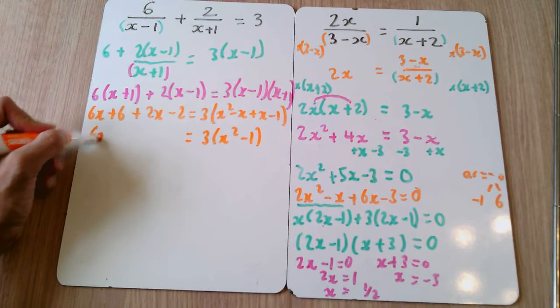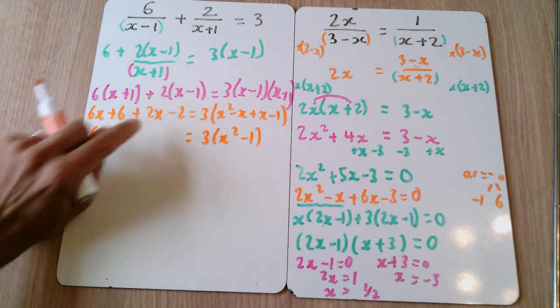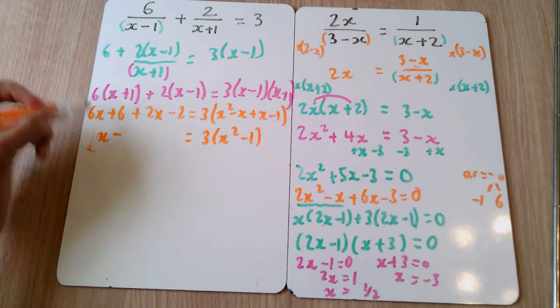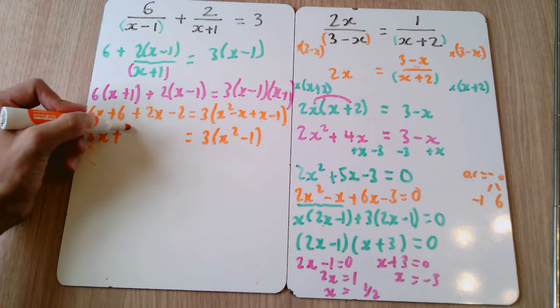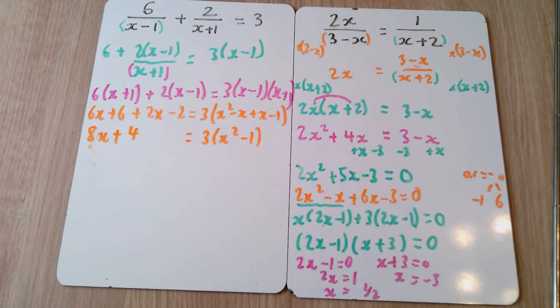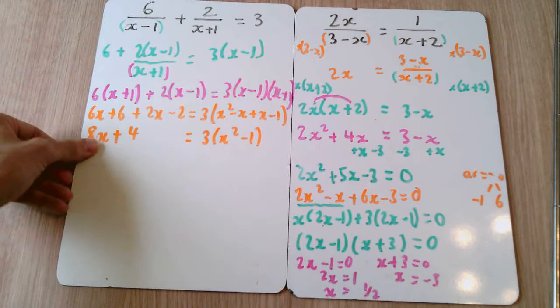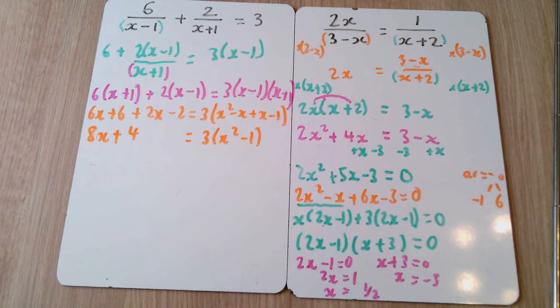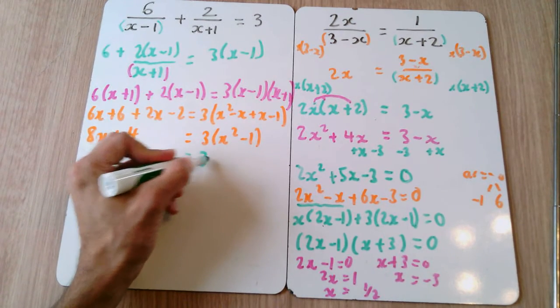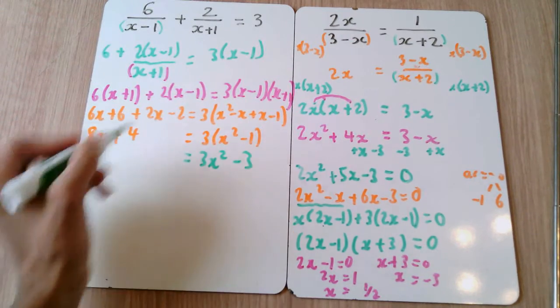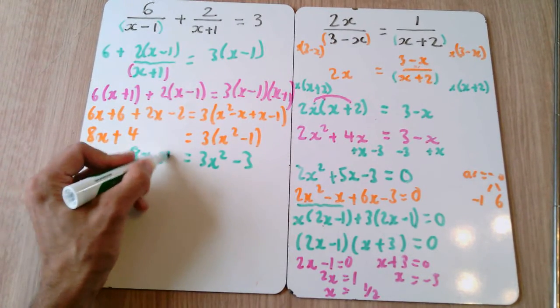So we've got 6x + 2x over here is actually going to make 8x if we collect the like terms. And 6 - 2 gives us + 4. So we now just simply need to expand our bracket on the right and then equate our equation to 0. So from that we get 3x squared - 3 is equal to 8x + 4.